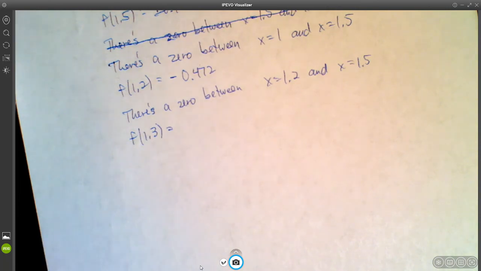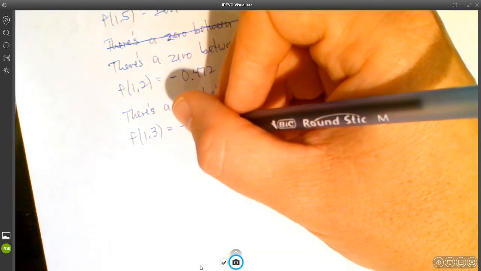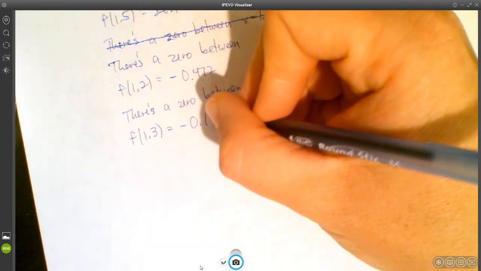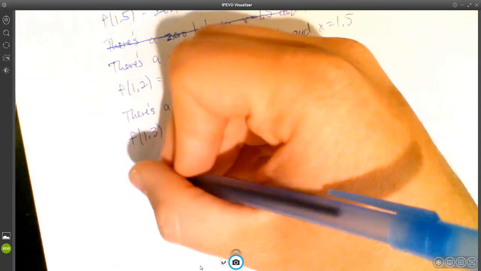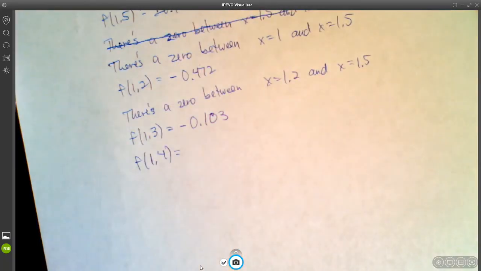F of 1.3. Okay, still negative. Negative 0.103. Let's check 1.4. Ah, there we go.